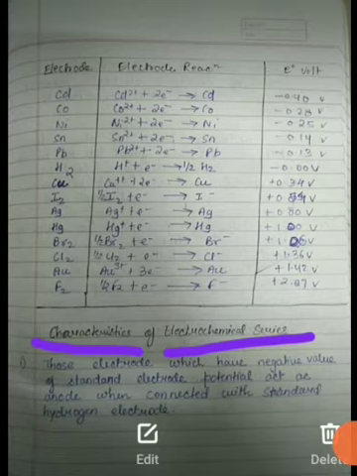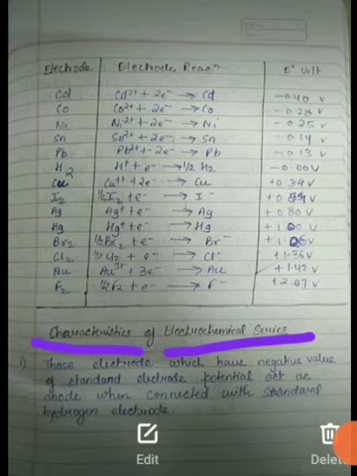Here, as it is the electrochemical series, you have to write its characteristics. As you know, most of the time we are saying increasing order. So here the standard electrode potential is in increasing order.